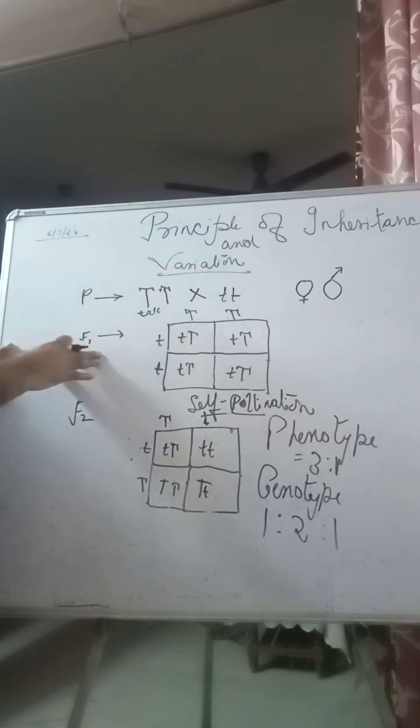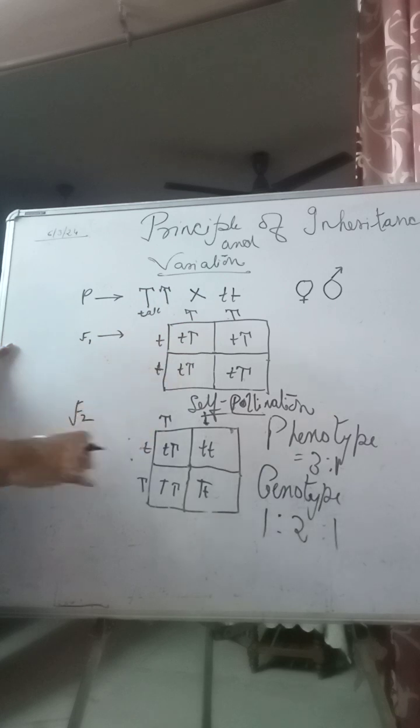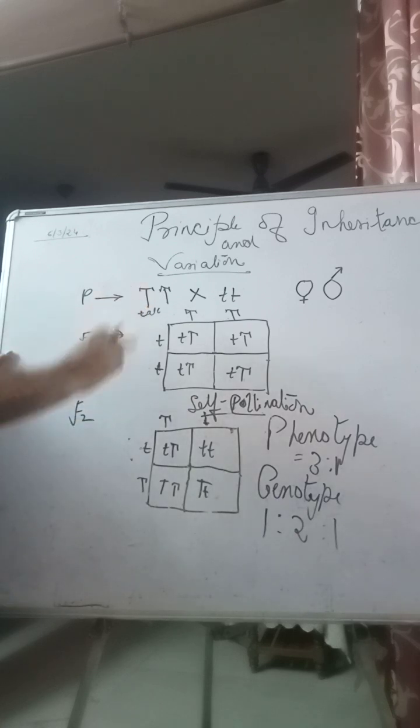So in the F1 generation, what he observed, what he found, if you draw a diagram which is called the Punnett square, and if you put these gametes here at the top and at the side, at the top, the dominant pair, that is capital T, on the side, it is the recessive pair, that is small t, small t.